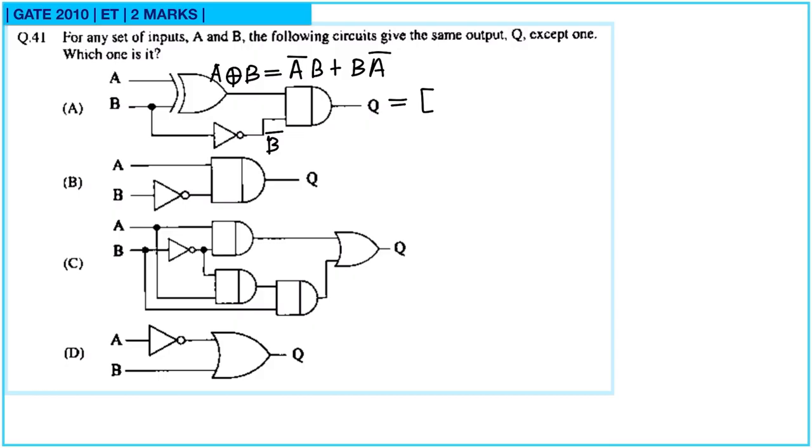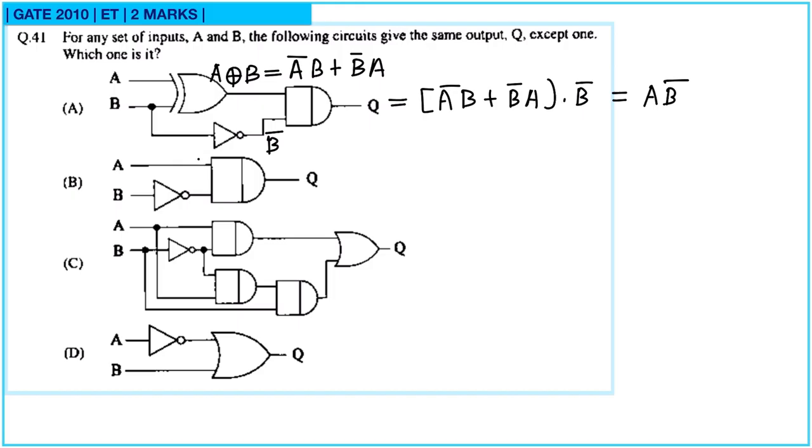So Q will be A bar B or B A bar, and B bar. So B bar into B, that will be 0. Sorry, here it will be B bar B, that will be 0, and B bar B bar, so that will be A B bar. So output of the first one is A B bar.